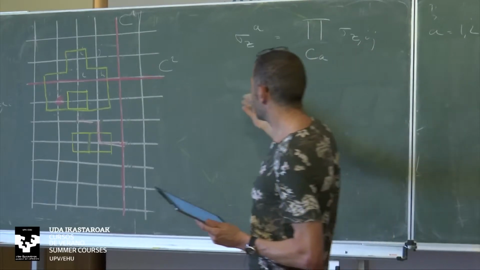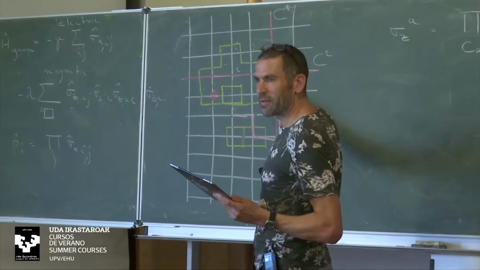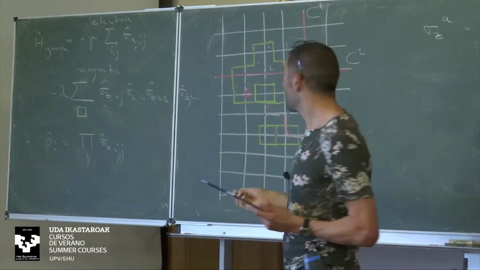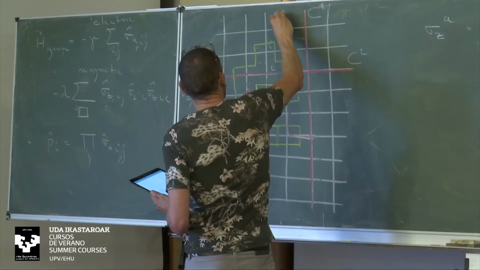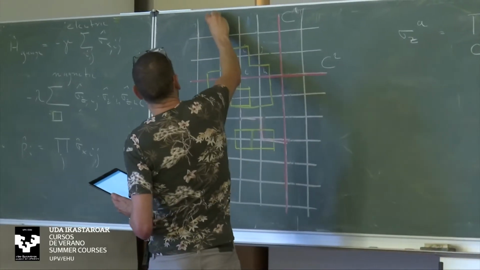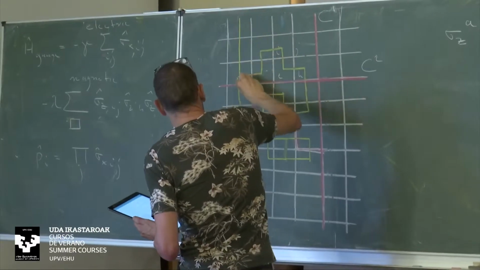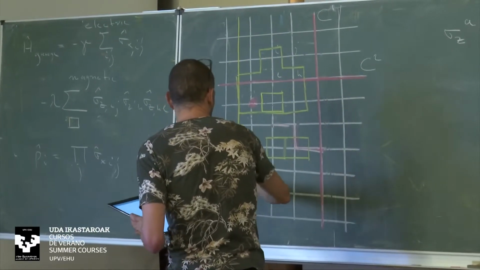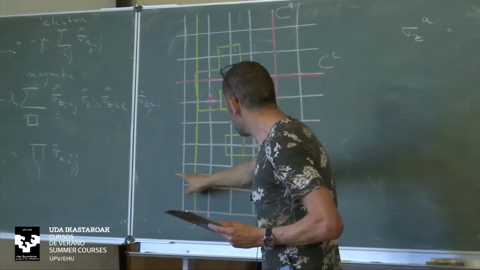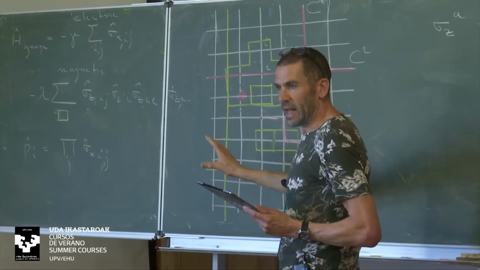It's clear that no local perturbation will change this eigenoperator, but now we introduce non-local operators which do change their eigenvalues, and they are obtained by taking an arbitrary line here, no matter which one, and just cutting through like this. This and that. And by definition, this is the product of all sigma x's along these links.